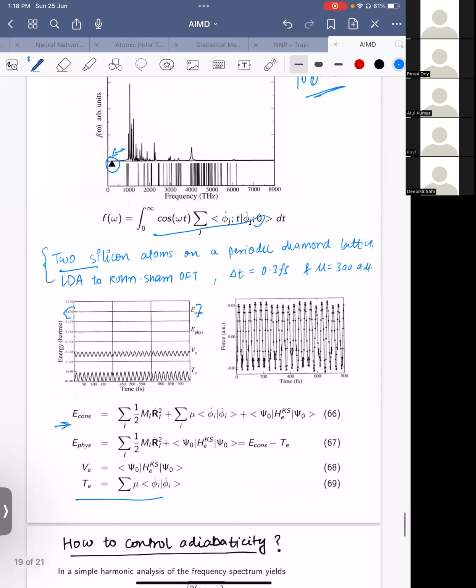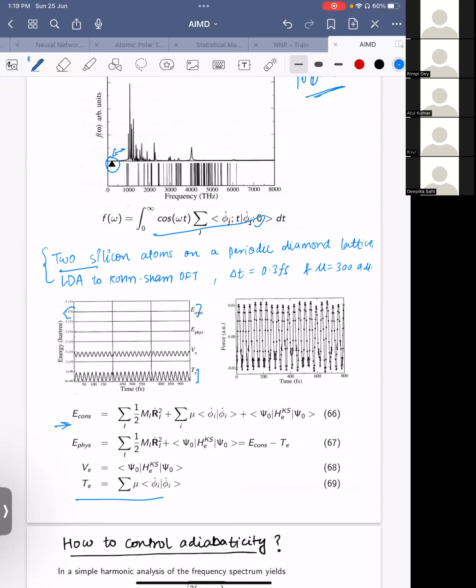And this is the kinetic energy of the electrons. Here, it suggests that in this plot there is a bounded oscillation around a constant value. So it means that the electrons do not heat up in the presence of the hot nuclei. They oscillate around the same constant value.